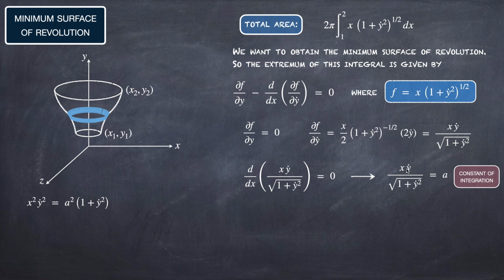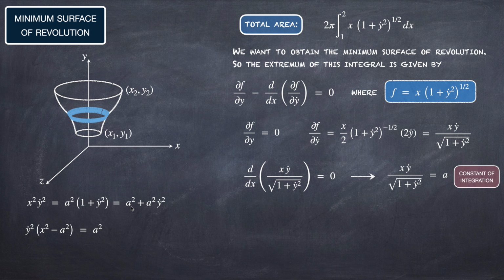Let's square this equation and obtain x squared y dot squared equals a squared times 1 plus y dot squared. The right-hand side will be a squared plus a squared y dot squared. And then let's write y dot squared as a factor, which will multiply x squared minus a squared.